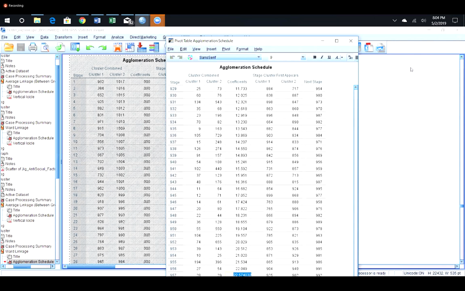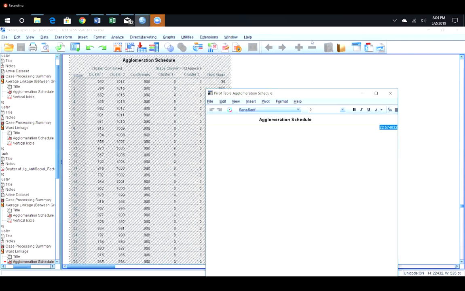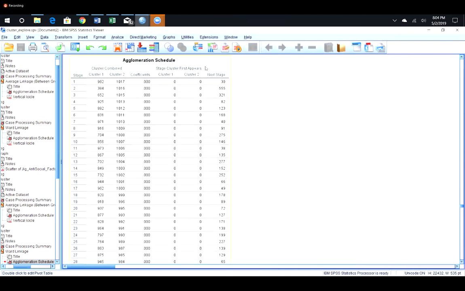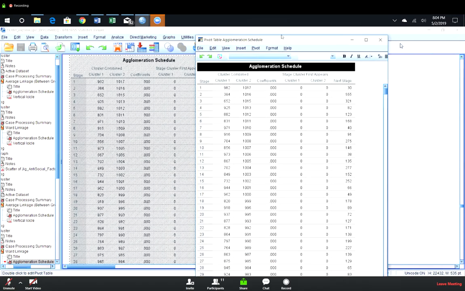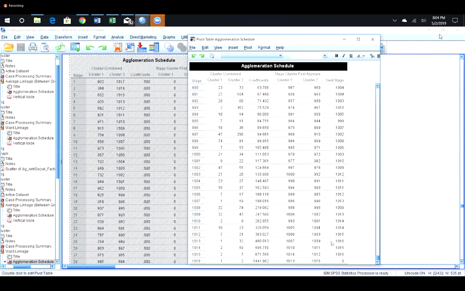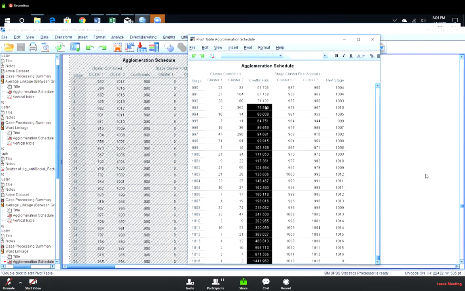I'm not going to be able to get to the bottom just because of the way this particular laptop's not letting me grab it. There we go. All right. Sorry about that. Try it again. Okay, there we go. So I'll just copy clusters 1 to 20 or so.